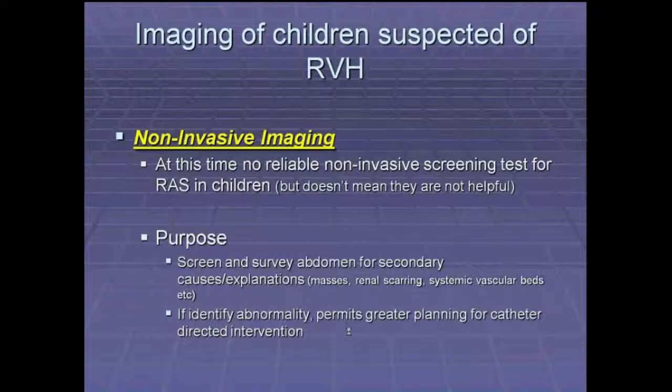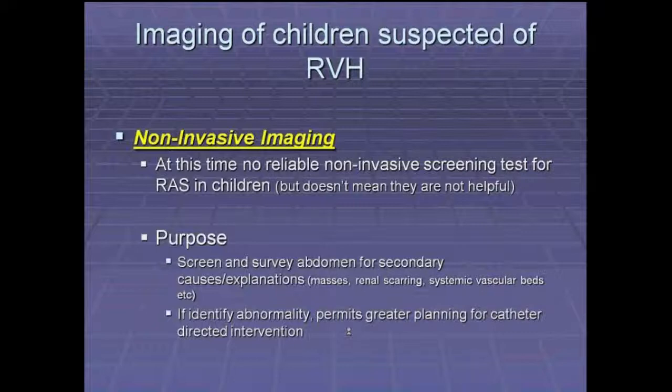So let's go on to imaging of children with suspected renal vascular hypertension. We'll start off with some non-invasive imaging techniques, all right? At this time, there's no reliable non-invasive screening test. Just because it's not reliable doesn't mean it's not useful, okay?